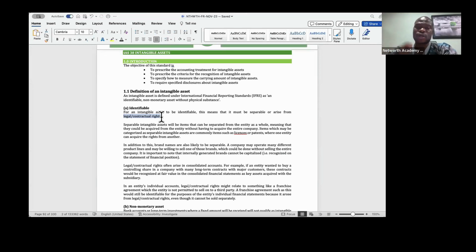Okay? So a customer contract can be an asset, not because you can sell it separately. It's not something you want to sell separately, but it's something that arises from contractual or legal rights.